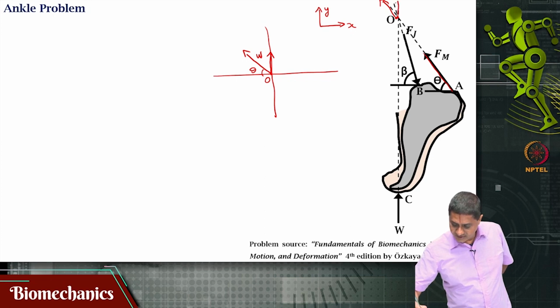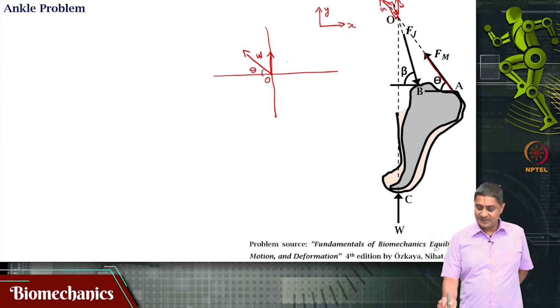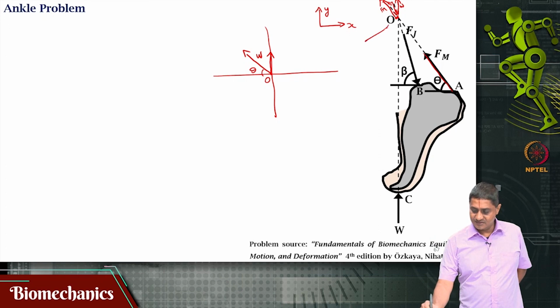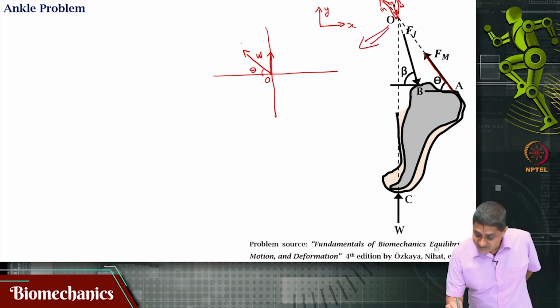W is acting like that. Fj is acting like that. Okay. That is Fj, this is Fm and this is W, and I am redrawing the whole figure separately here. So, this is what has been zoomed out for you. Okay. So, that is Fm for me.